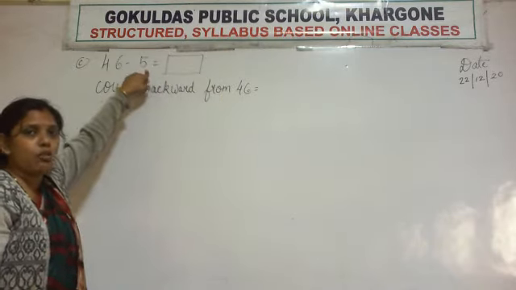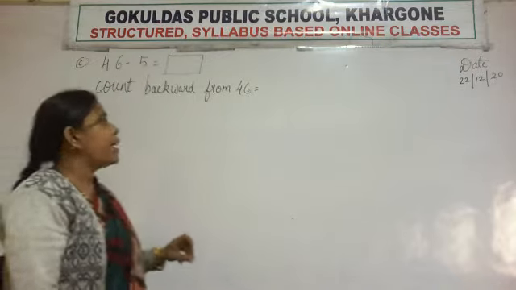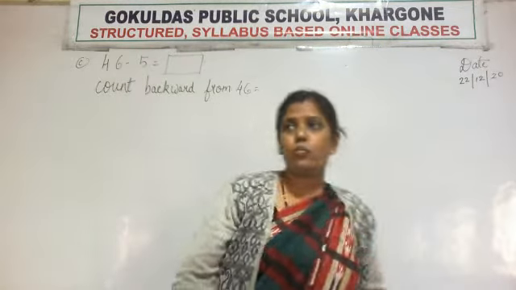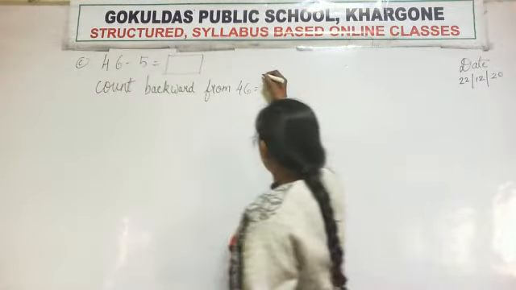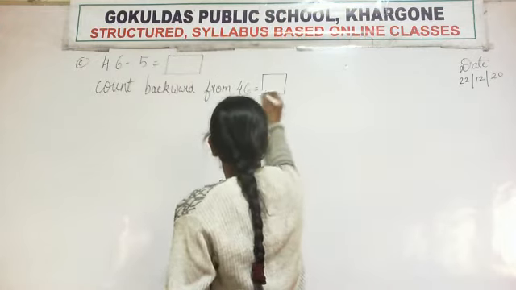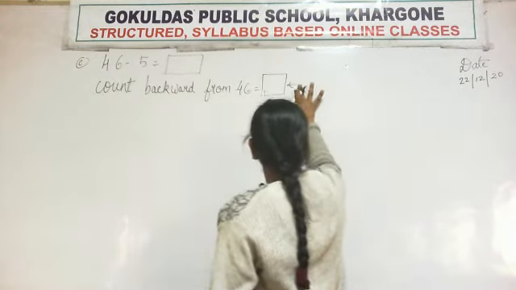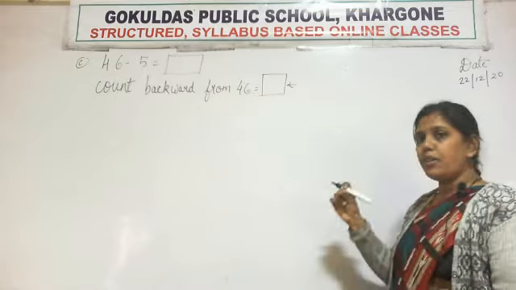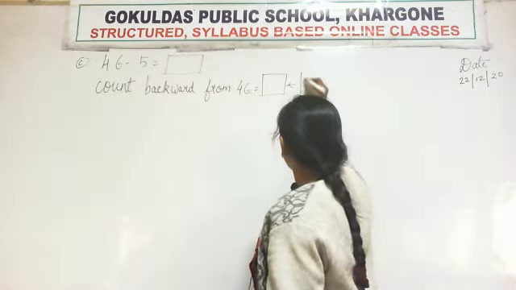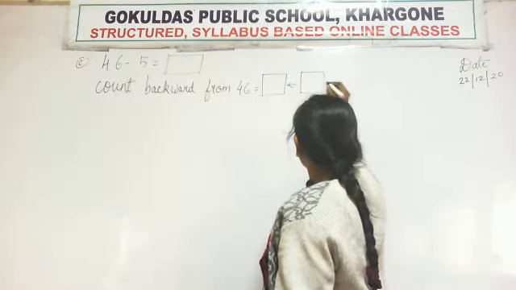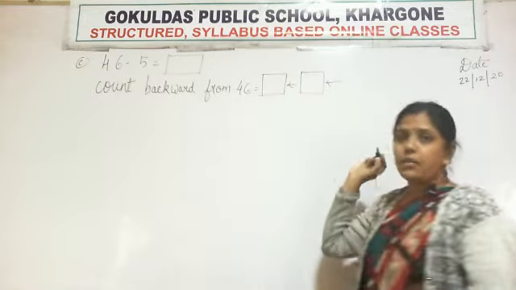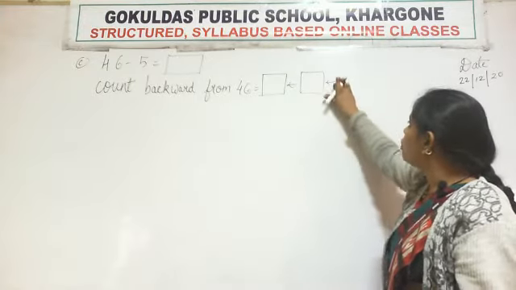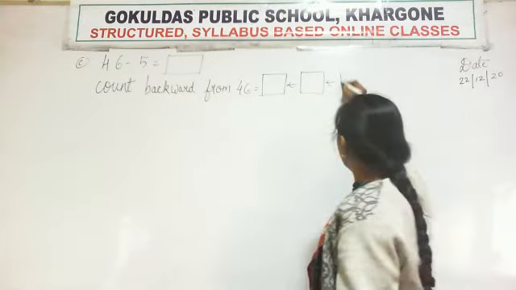So make here 5 boxes and make the sign of arrow in the backward direction. Why? Because in this we are doing subtraction, and in subtraction we will do backward counting.